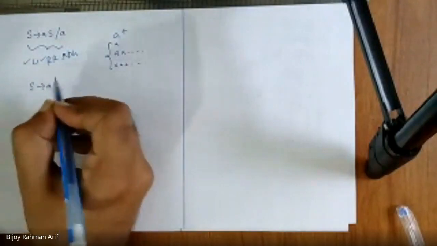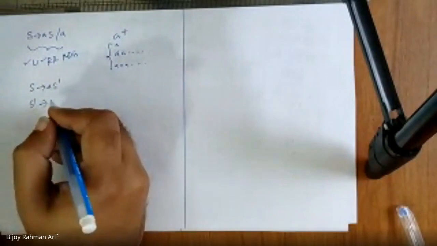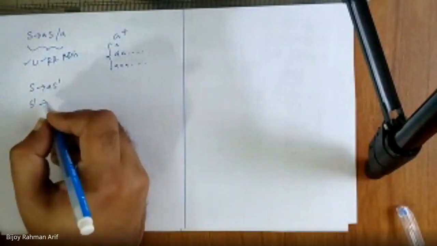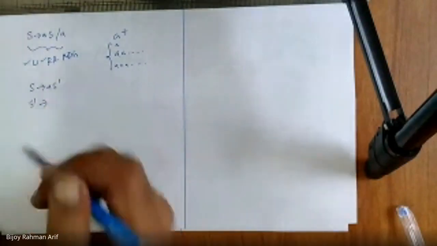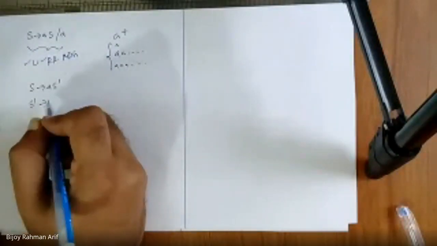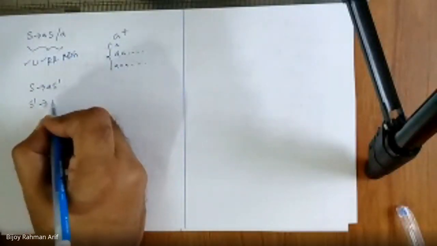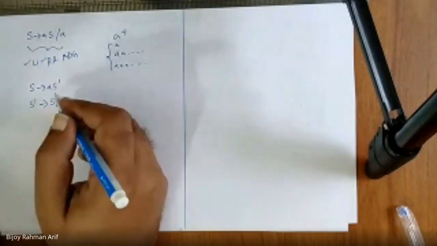S derives A S dash, and S dash derives S or epsilon. Yes. So how about this one?